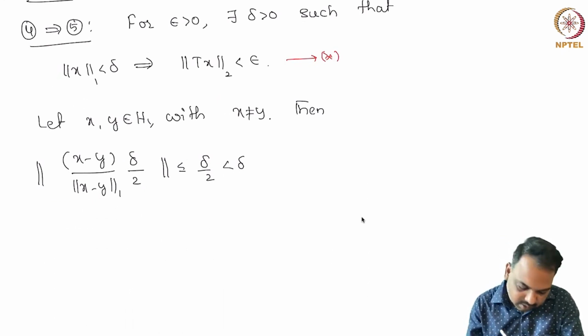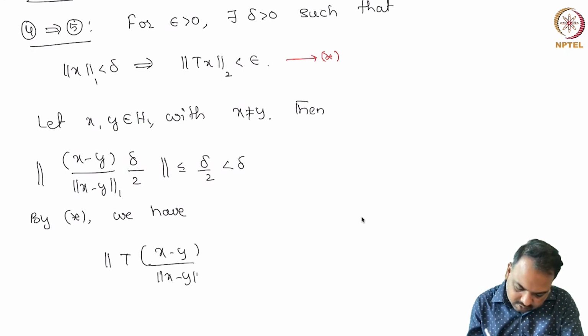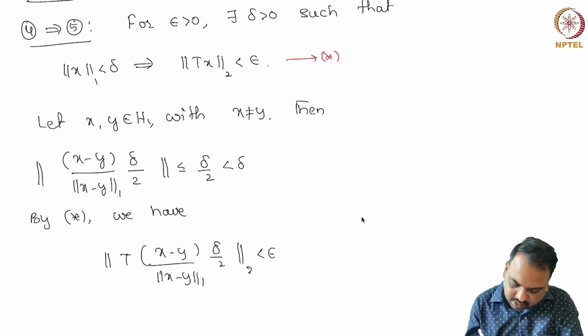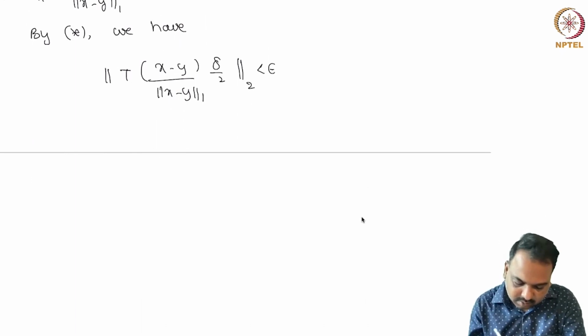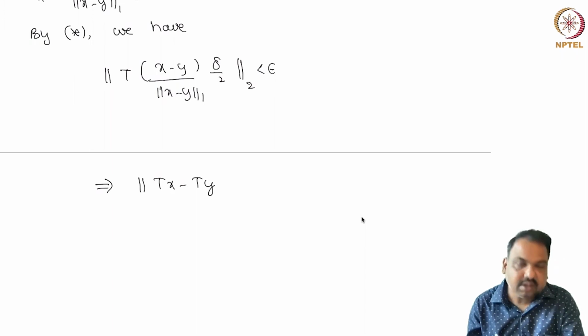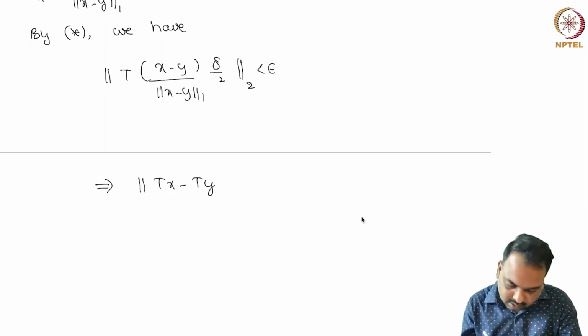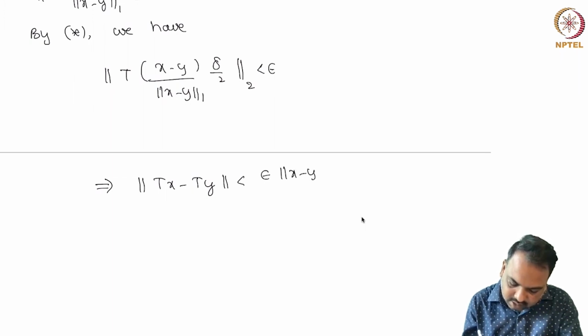By star, we can say that the norm of the whole element (x minus y) divided by the norm of x minus y, times delta by 2, under T is less than epsilon. So this implies that the norm of Tx minus Ty, because T is additive, is less than or equal to epsilon times the norm of x minus y, divided by delta.